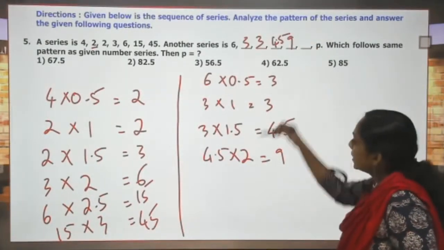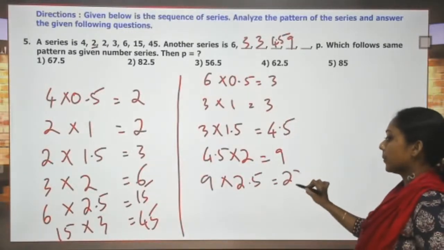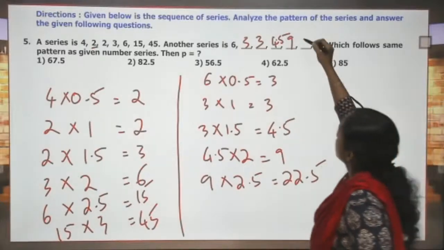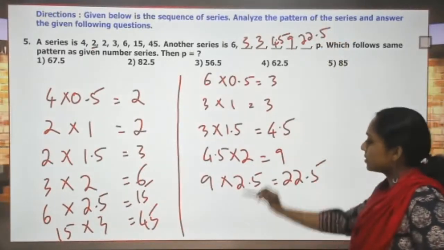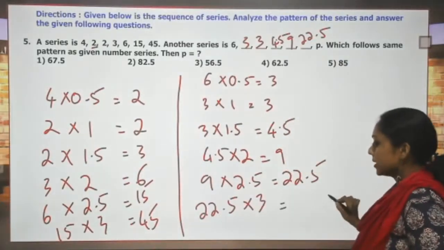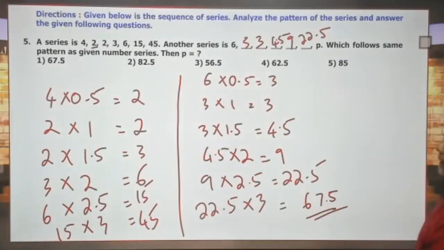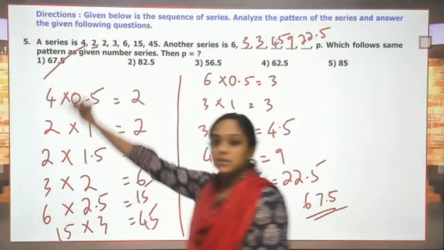Next 9 into 2.5, that is 22.5. The next term will give the answer, 22.5 into 3, that is 67.5. So that is answer option 1, 67.5.